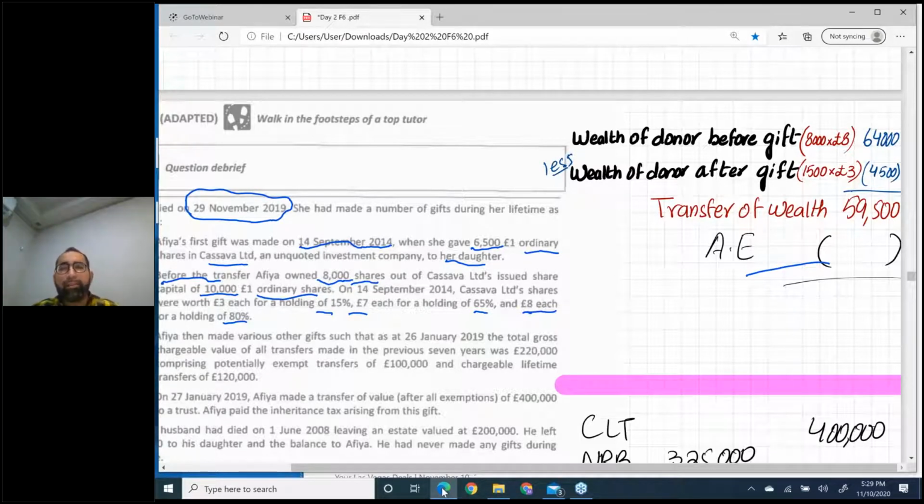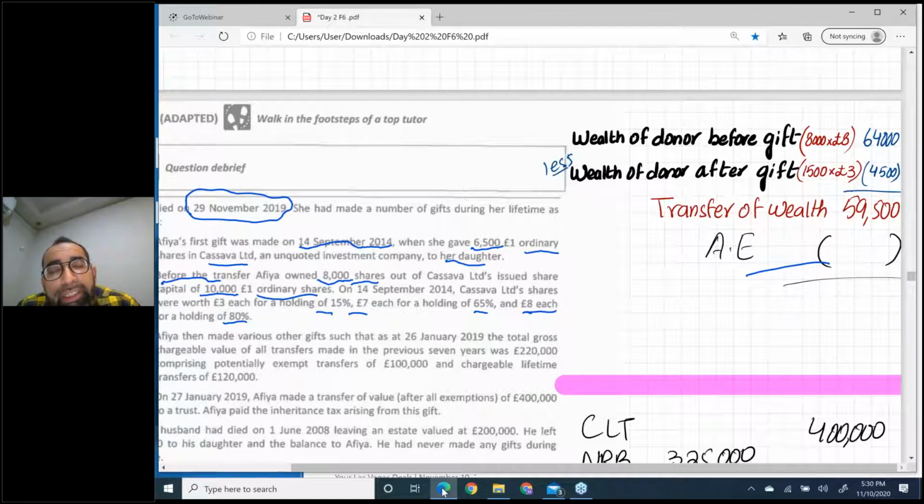From her 8,000 shares she just gifted 6,500 shares. Now what quantity does she have? Only 1,500 shares, which means a 15% holding.